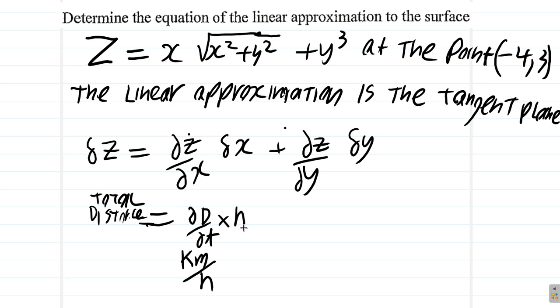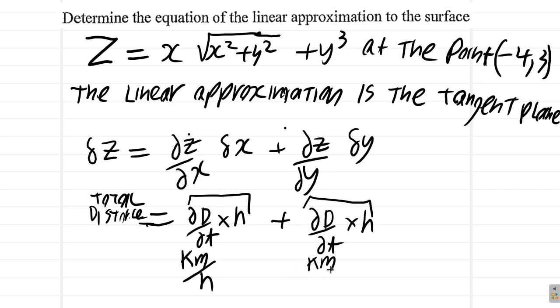So the rate at which you cover distance with time multiplied by the amount of time gives you the distance for the first part of the journey, call this d1, plus the rate for the second part of the journey times the hours for the second part. That gives you the total distance.